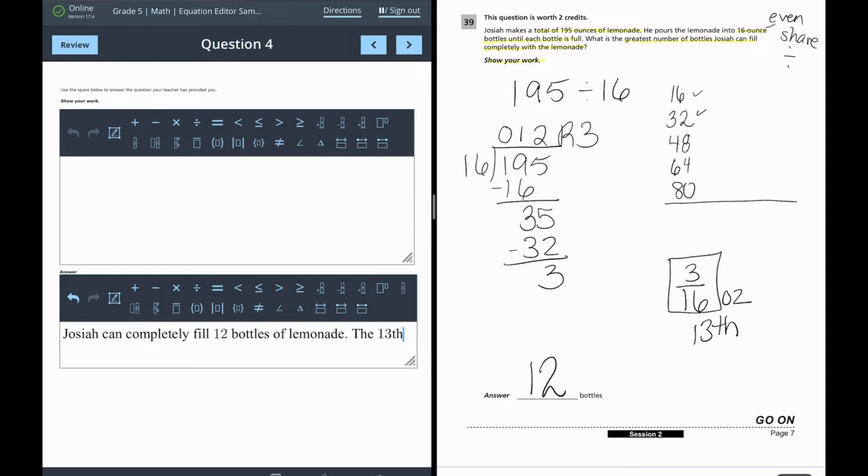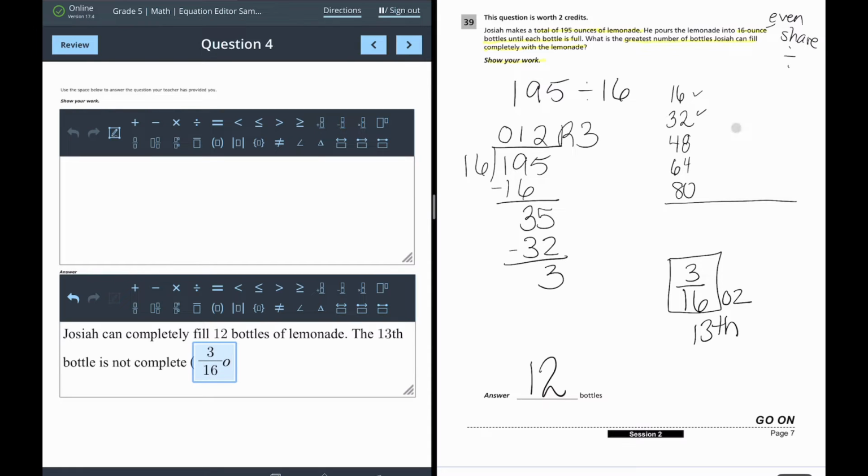The 13th bottle is not complete. And I'm just going to put, I want to write it as a fraction, 3/16 ounces. Okay, so there we have it. I have my answer. So that right there will give me 1 point.